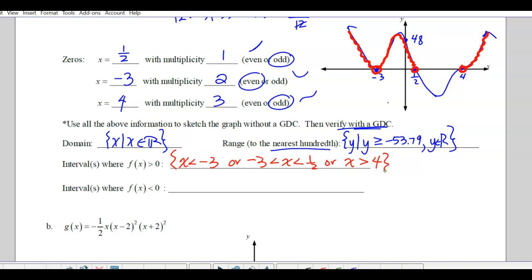I guess I should probably put x on reals. And then below is just that blue that's remaining, right? So that's everything else. So that would be between 1/2 and 4. All right.